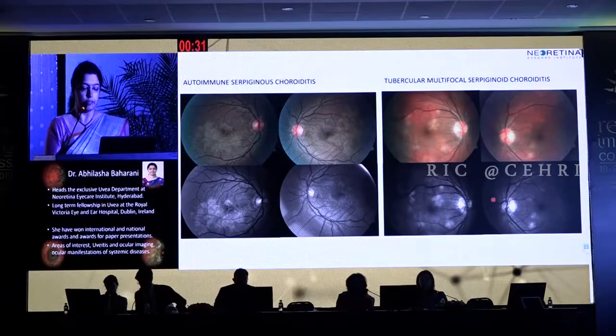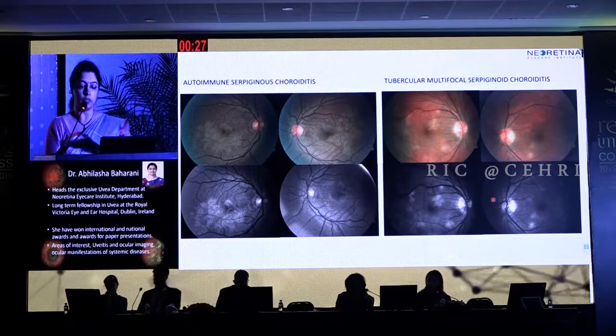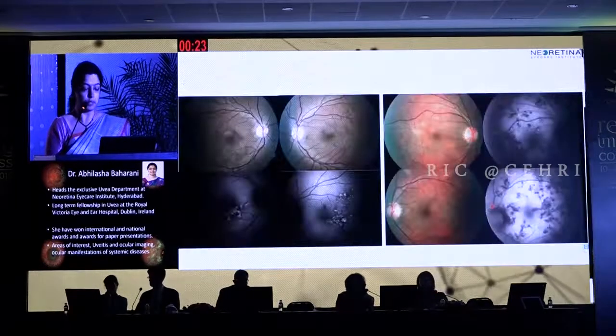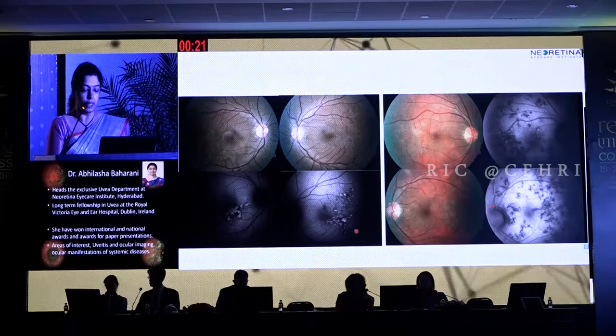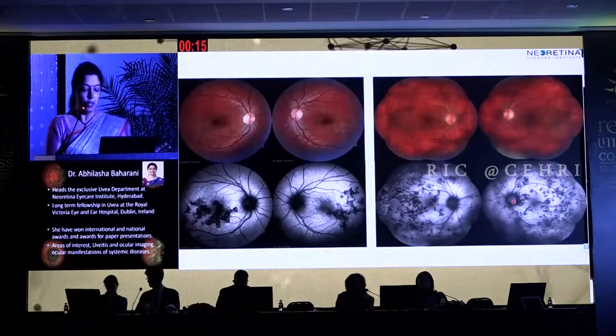Now, these are two cases who presented at about the same time. We'll be studying the fundus autofluorescence features of autoimmune serpiginous choroiditis versus tubercular multifocal serpiginoid choroiditis. So these are the color and the red-free photographs. Now, as we see with healing, there is hyperautofluorescence with surrounding hypoautofluorescence in both the lesions.